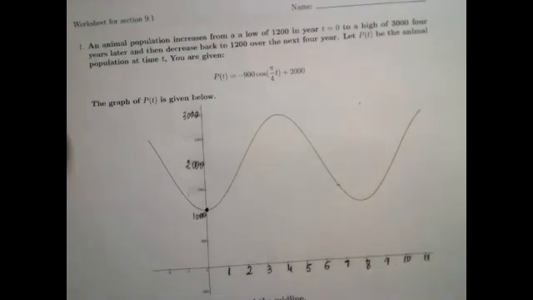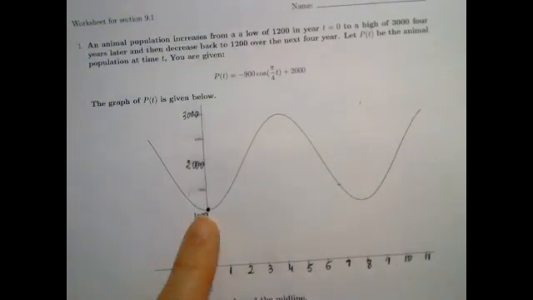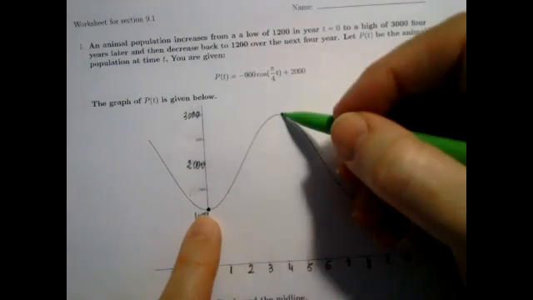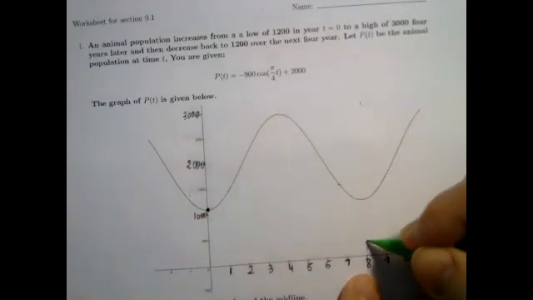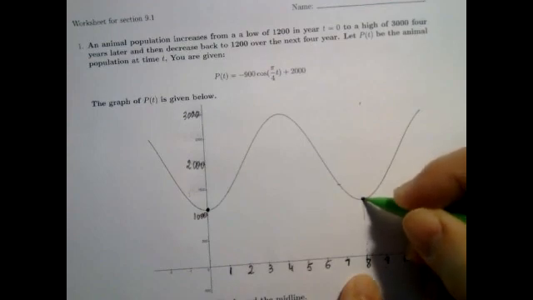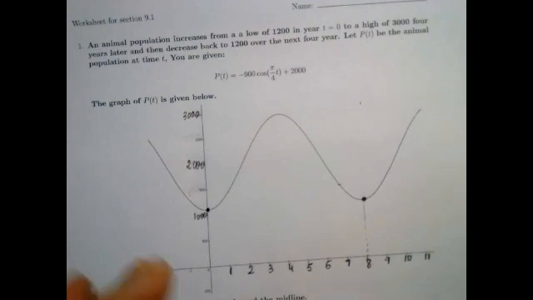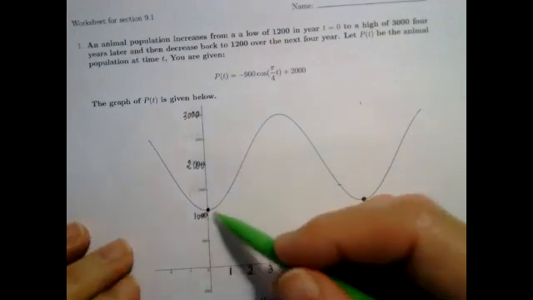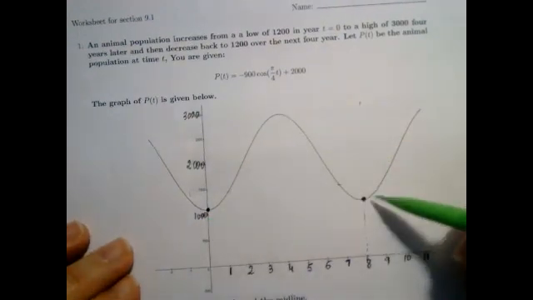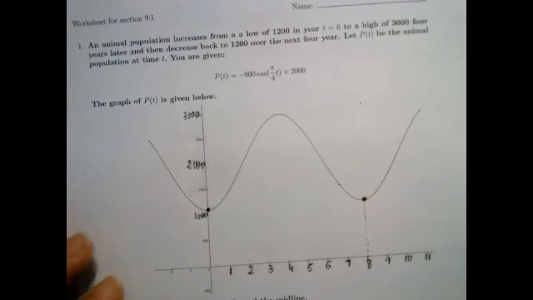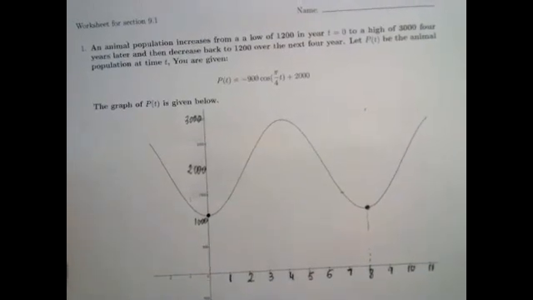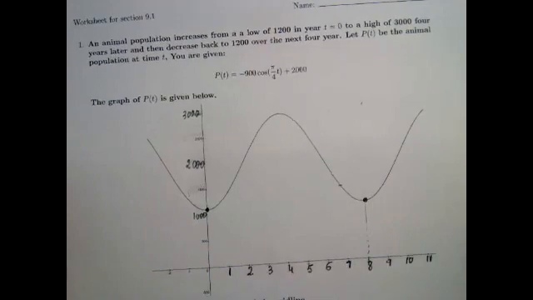So it starts at 0 at 1200. It goes up here, and then 4 more years, it's down here. And basically, it repeats the cycle after that. So it repeats the same cycle every 8 years. So it starts, goes up, down, stops, starts, goes up, down, and stops. Okay, so it's a typical sinusoidal function. It means the graph has a certain symmetry to it.